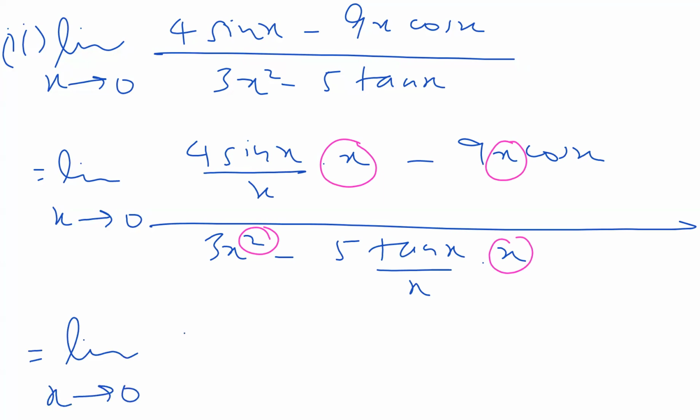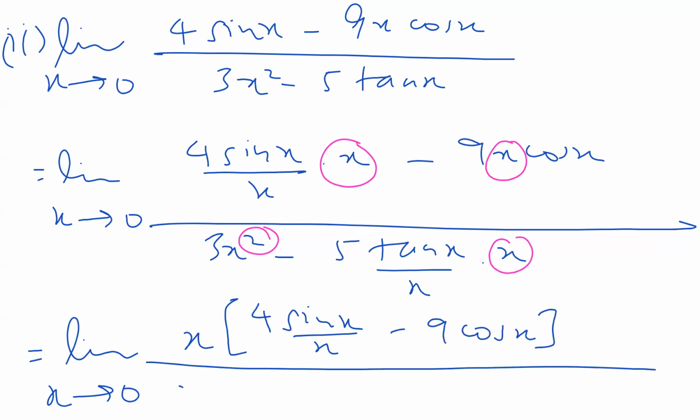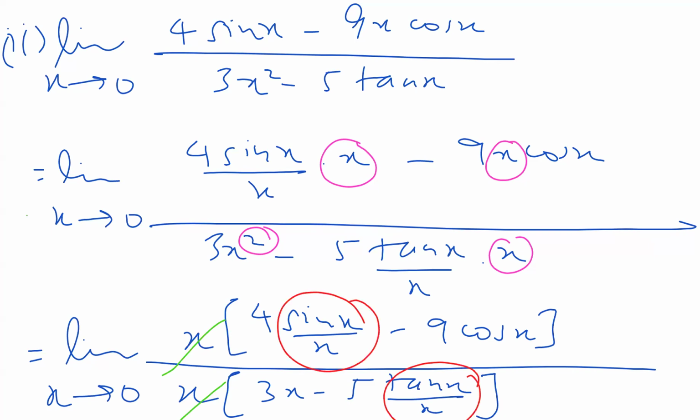Limit x approaching 0. So x (4 sin x upon x minus 9 cos x) upon, take x common in the denominator, (3x minus 5 tan x upon x). This and this is gone. Okay. This circles will be 1, right?